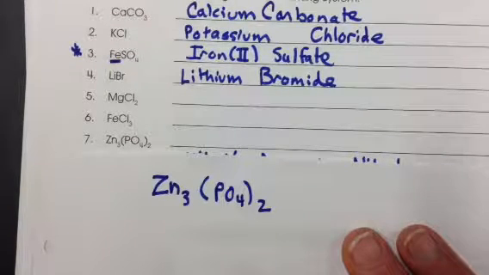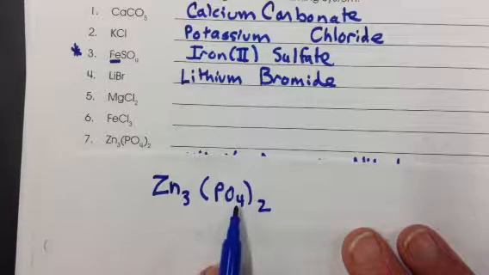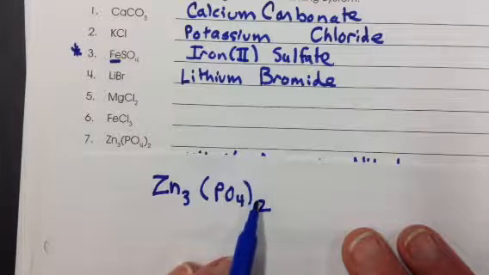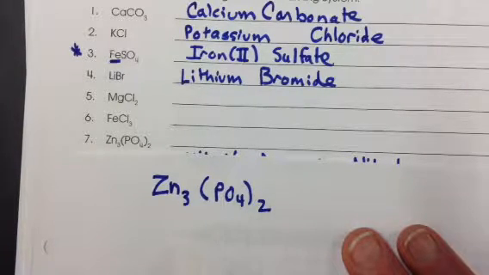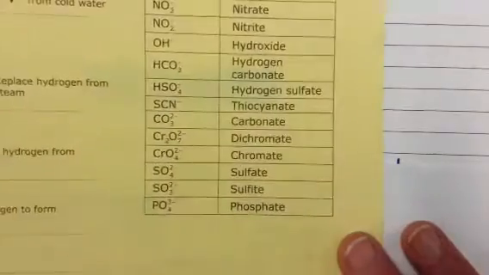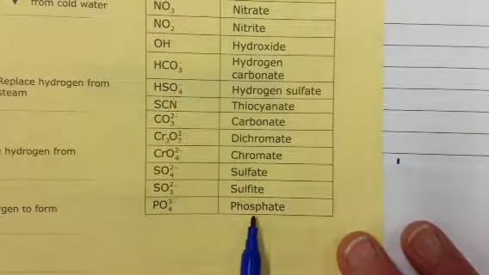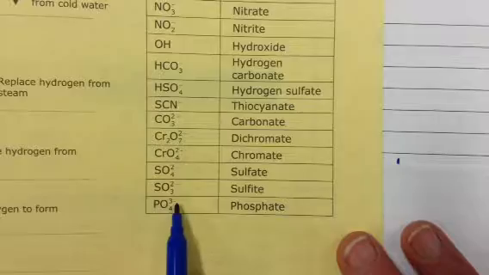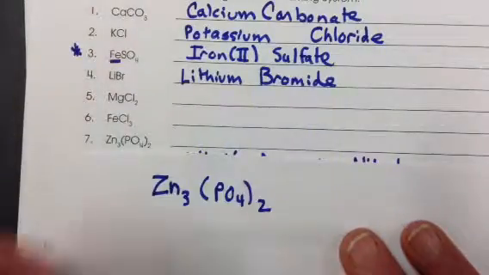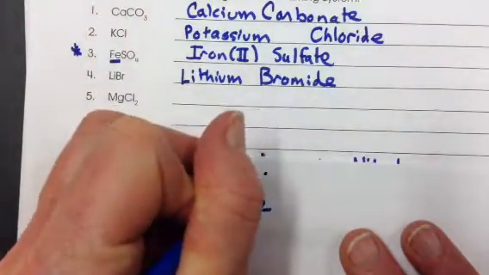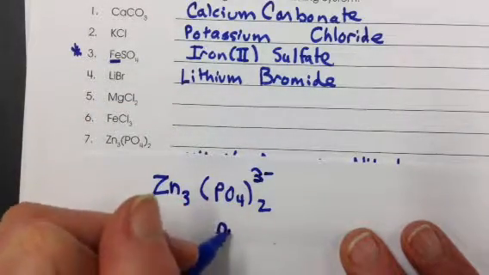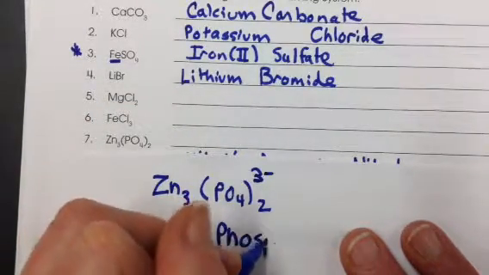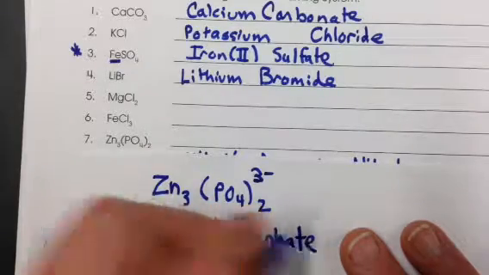All right, so first thing I know, well, that's a polyatomic ion. It's got some parentheses, it's got 2 subscripts, a subscript outside the parentheses, and I'm going to go find that. That is phosphate, and it has a -3 charge. Now I'm going to write down right below here phosphate, because we are naming this phosphate.